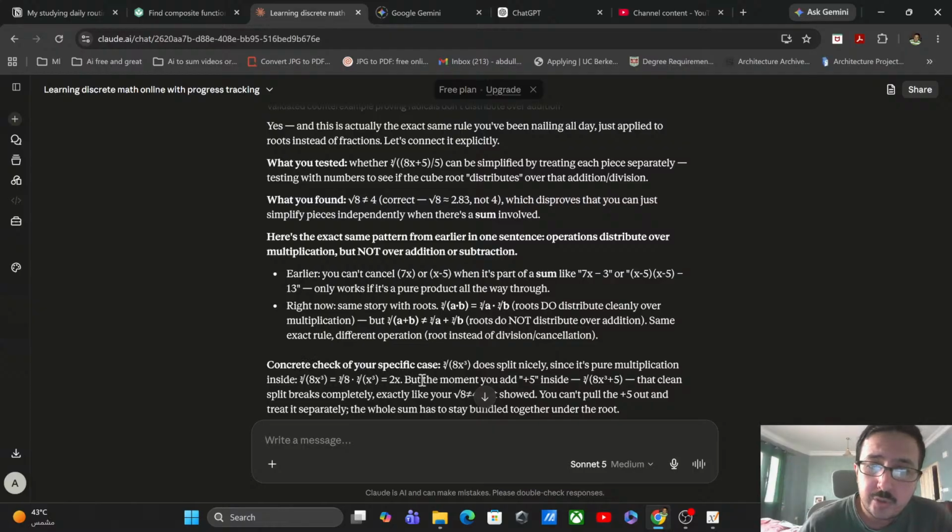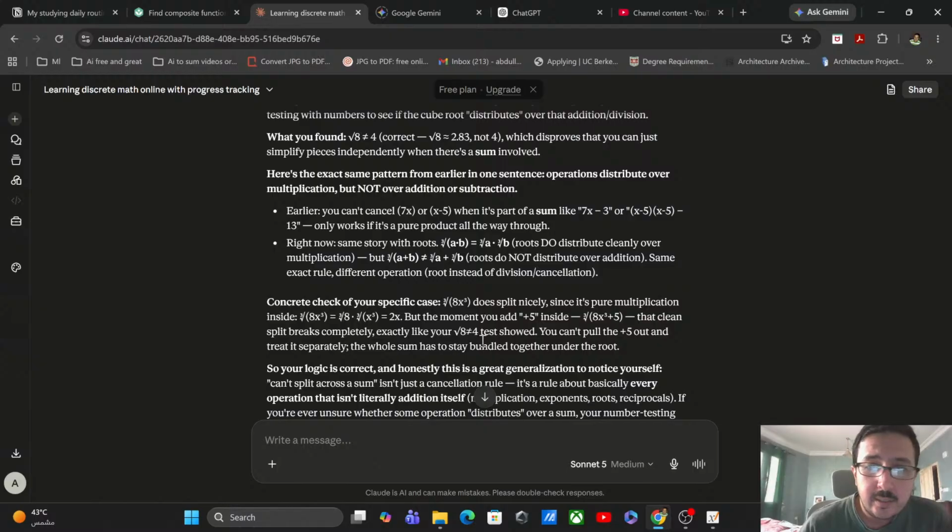Concrete check of your specific case: it does split nicely since it's pure multiplication. The moment you add 5 inside, that clean split breaks completely, exactly like your test showed. Can't pull 5 out and treat it separately.